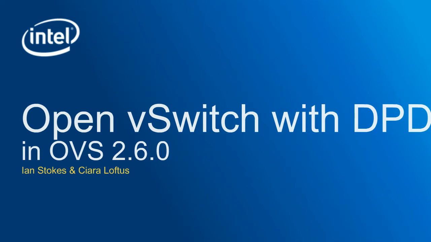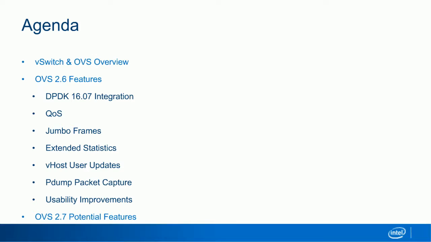So, the agenda. A quick review of what we're going to see today. We'll start with an overview of virtual switching, and in particular Open vSwitch itself, for those of you who aren't familiar with it, or would just like to brush up on your vSwitch knowledge.